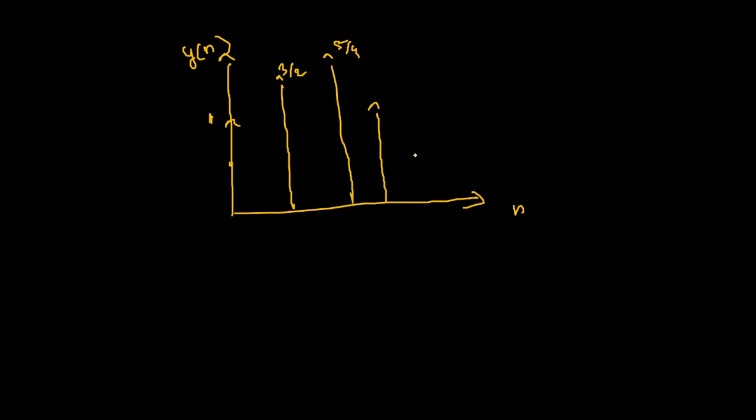At n is equal to 4, we have 3 by 8. And at n is equal to 5, we have 1 by 8. And for all other values, it's simply 0. Right? So this is how we perform convolution when it's a finite and discrete function.